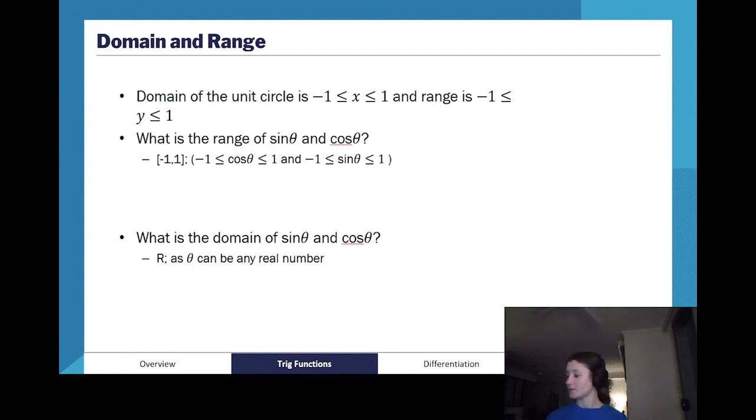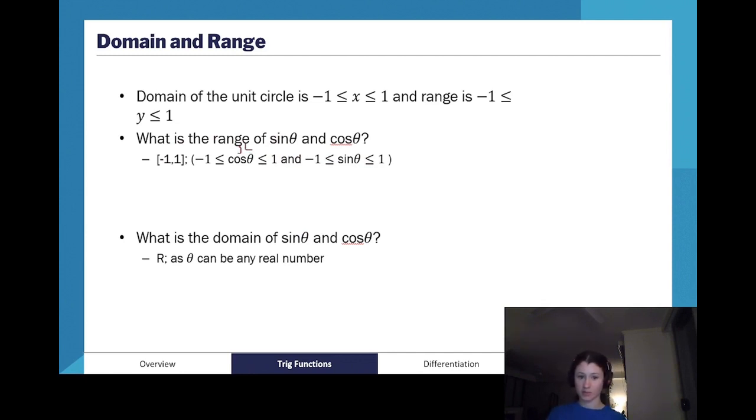But now we need to ask ourselves, what is the range of sine and cos as functions? Right? So, because sine and cos are the y and x values respectively, and our y and x values are between -1 and 1, it means that they have the same range, right?